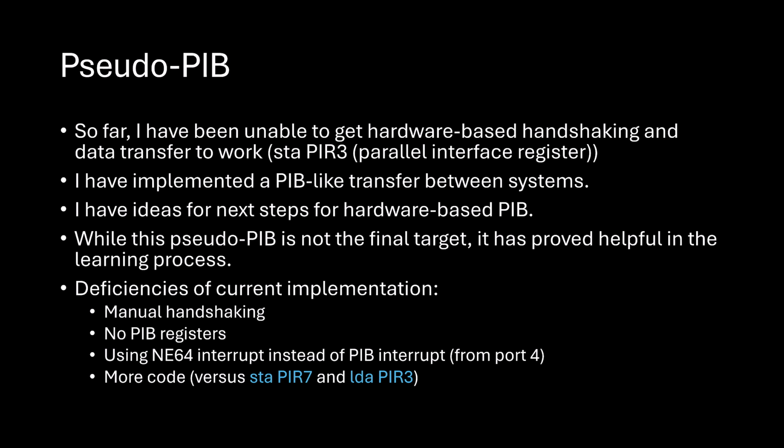You can either do an automatic handshake, where the two microcontrollers basically manage the handshaking between them on their own, or you can say, I still want to use PIB, but I'm going to do a manual handshake. And then there's a third option that says, I'm going to do everything manually. I'm not going to take advantage of the actual PIB hardware, but I'm going to kind of do a parallel interface bus between my microcontrollers. And that's what I've implemented for this video.